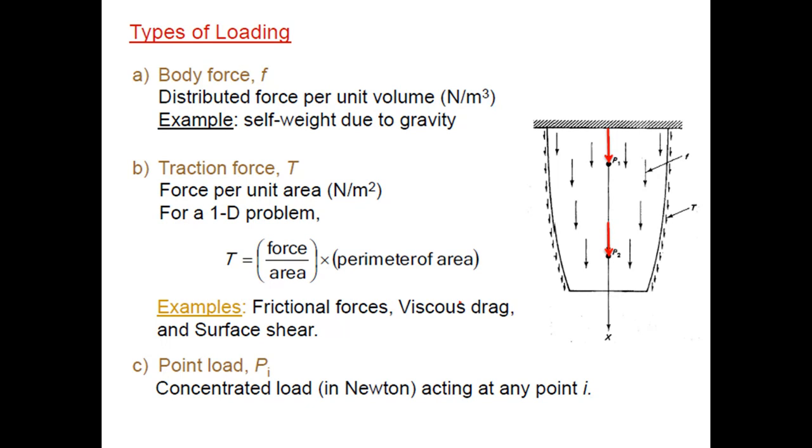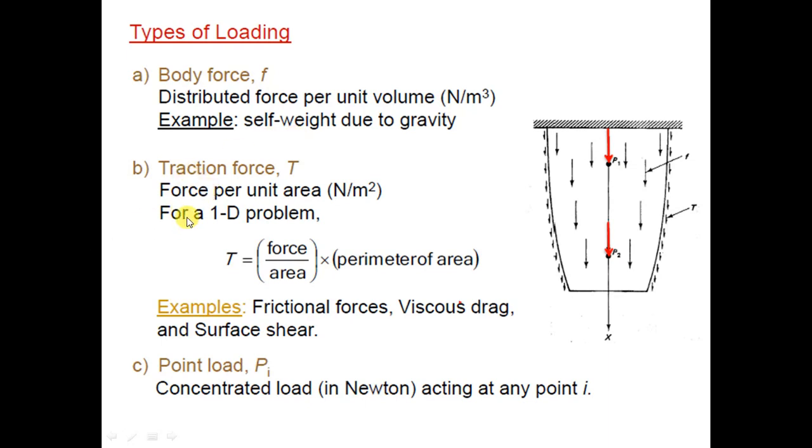Then types of loading. Different types of loadings are used in the FEM. So first one is the body force. Body force is nothing but the distributed force per unit volume. For example, self weight due to gravity. So that is one type of loading. Then there is another, traction force.